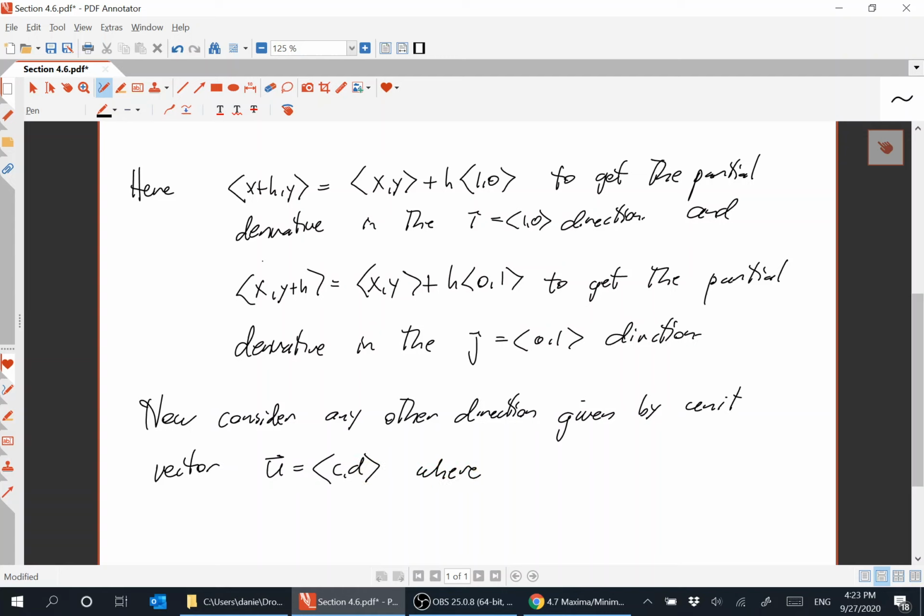And what was the deal with unit vectors? The length of the unit vector is equal to the square root of c squared plus d squared equals 1. That is just c squared plus d squared is 1 squared, which is just 1. That's what defines a unit vector.